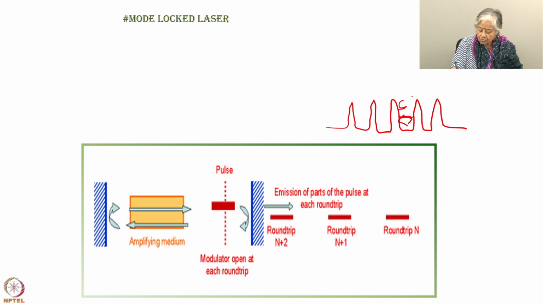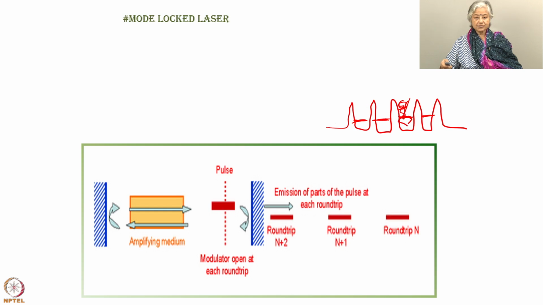C by 2L quite often, not yet here. So, this distance, this distance, this distance depends on the round trip time. So, that is what mode locked lasers are about.